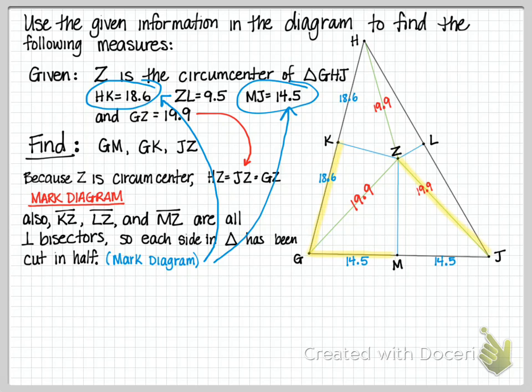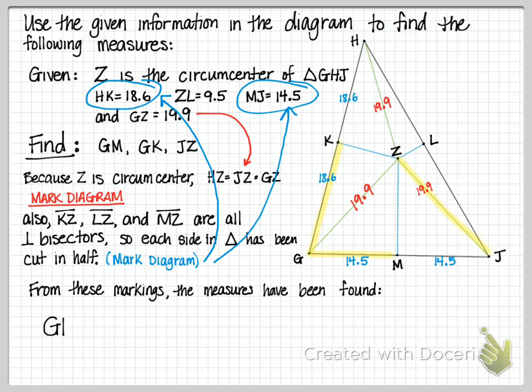And now we can see that we've solved for those three highlighted segments, so we've actually answered the questions, because from these markings we know we have the answers. The segment GM is 14.5, the segment GK is 18.6, and the segment JZ is 19.9.